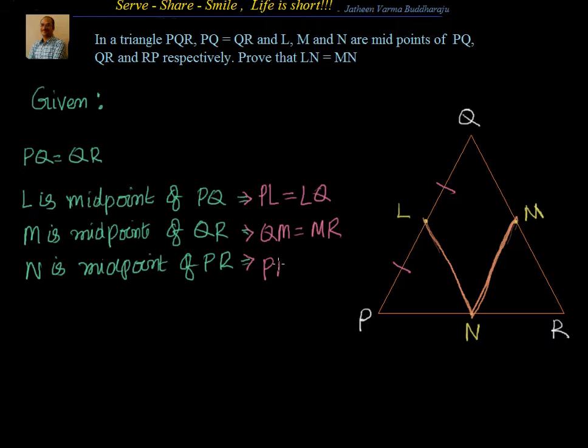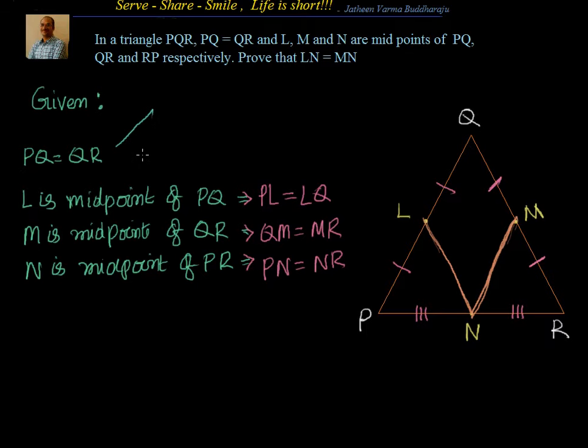Can I say PN is equal to NR? PN is equal to NR. And we have M is midpoint of QR, QM equal to MR. Not only that, we know PQ equal to QR. That means you will have PL equal to LQ, which will also be equal to QM equal to MR because PQ equal to QR.